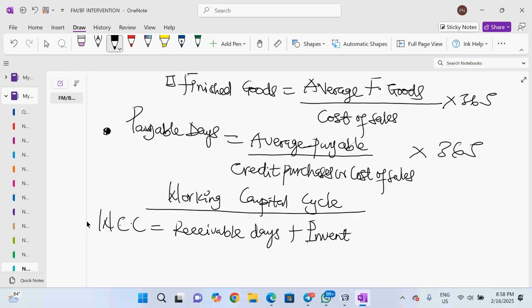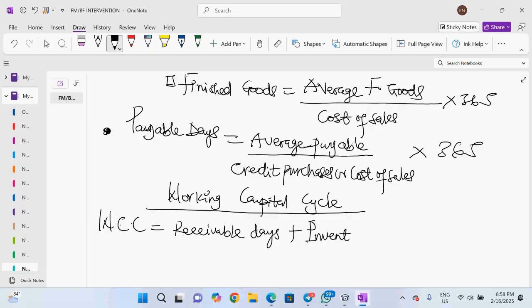All right. So now, what is the receivable days? The receivable days is equal to average receivables over credit sales times 365.